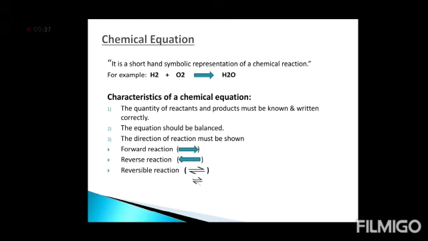Reversible reactions: there are a few reactions which can go in both directions, forward and reverse. They are called reversible reactions and are indicated by a double arrow. For irreversible reactions, we can also use a sign in brackets, a double arrow with a cut on it, in a few cases. That's it for chemical equation.